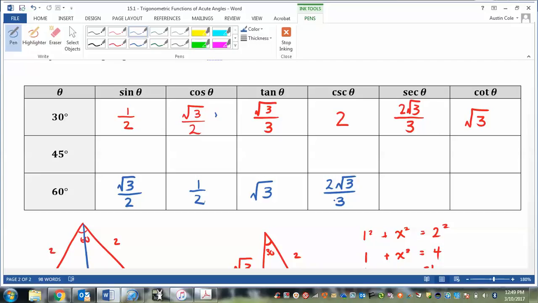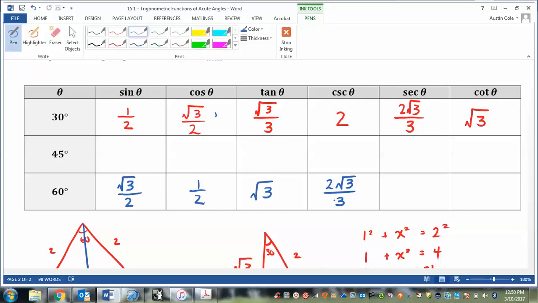Secant of 60 is the reciprocal of... no, that's cofunction. Reciprocal of sine, right? Of sine. So I need to go, excuse me, no, cosine. Cosine.